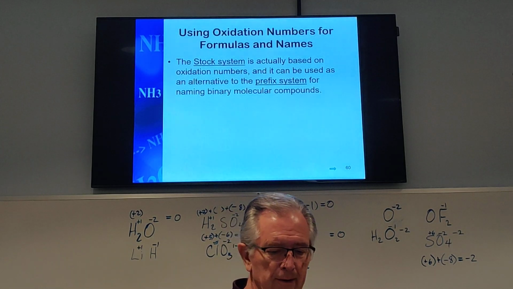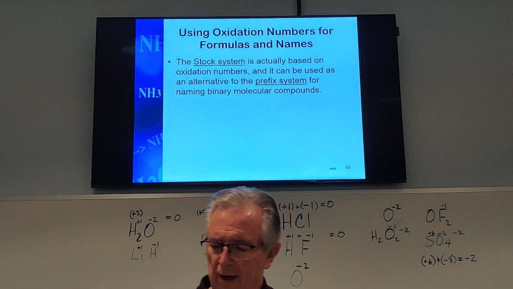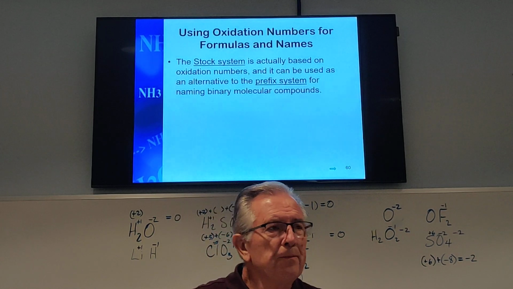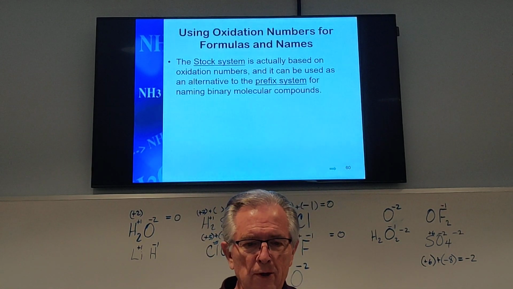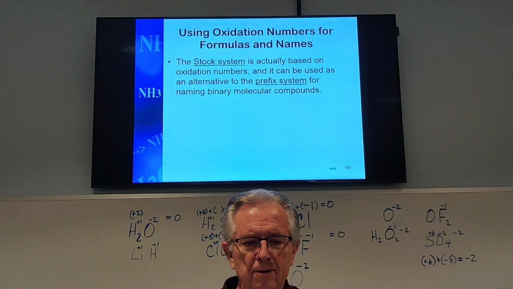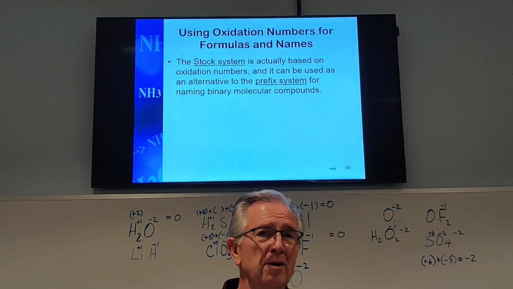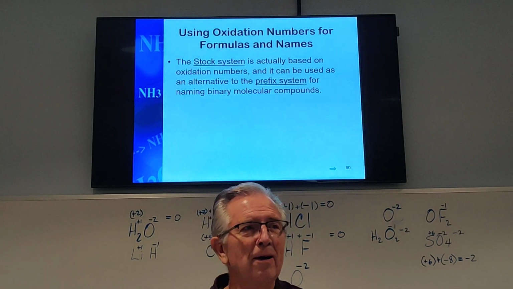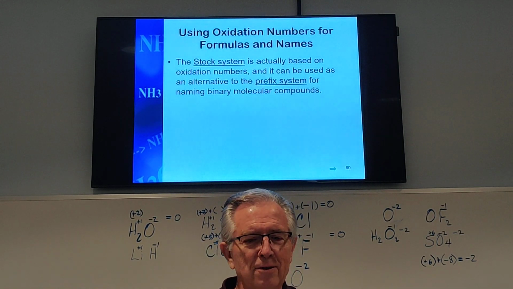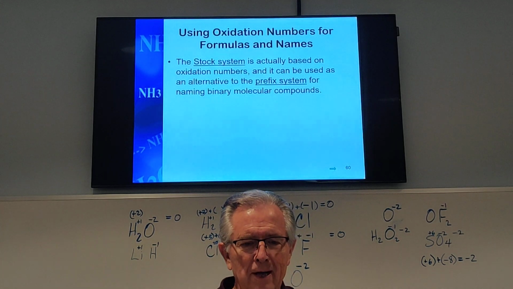Okay, now taking what we've learned here and using the stock naming system, that's the one with the Roman numerals. The stock system is actually based on the oxidation numbers. Since you didn't know about oxidation numbers when we first talked about the stock naming system, we just kind of skipped over it.